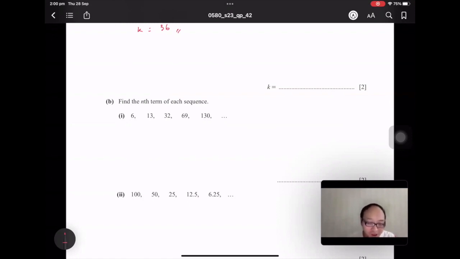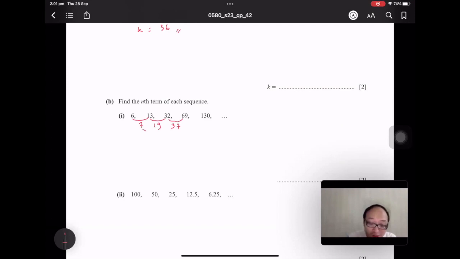If we see, the distance from 6 to 13 is 7, and then 13 to 32 is 19, and then this is 37. And if we see from here, this is not an arithmetic sequence.